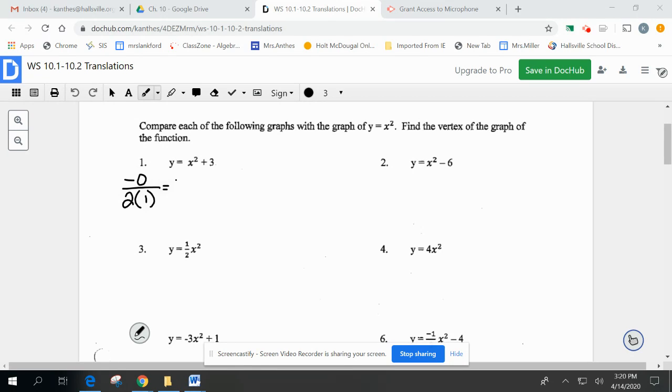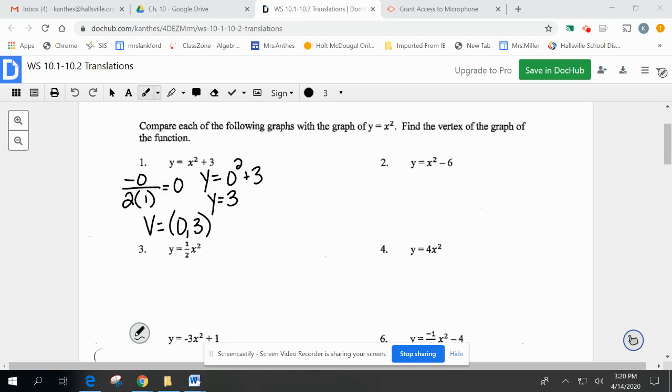So that would give us 0. And then in order to find the y value, we plug it back in and solve for y. So y equals 0 squared plus 3, which is y equals 3. So our vertex is 0, 3.